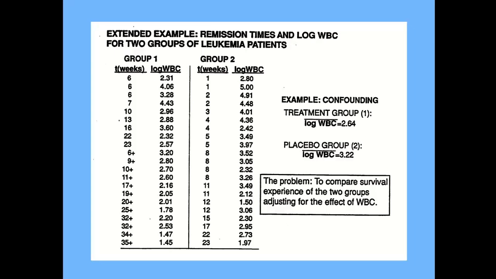So that's a variable you might want to control for. So in this case, we had 21 people in each of 2 groups, but we also have their white blood cell count, and the variable of interest that the investigators thought was a better predictor than just white blood cell count by itself was log white blood cell count. And so we want to control for that.